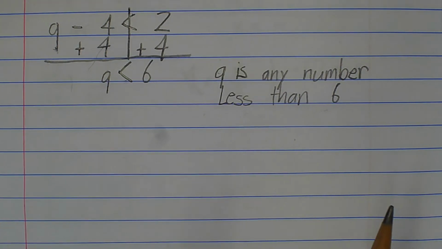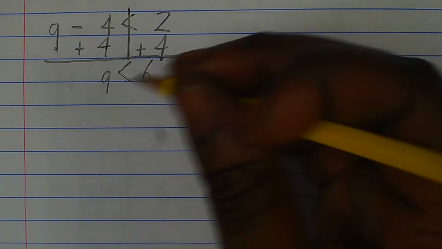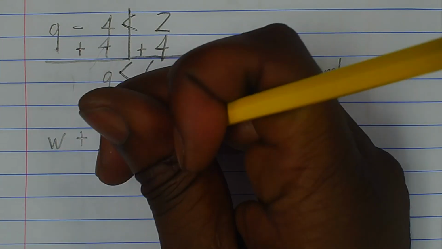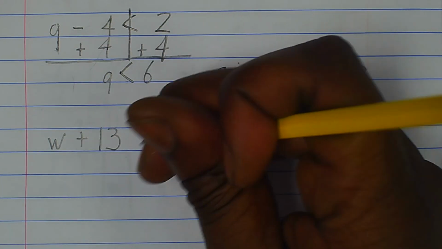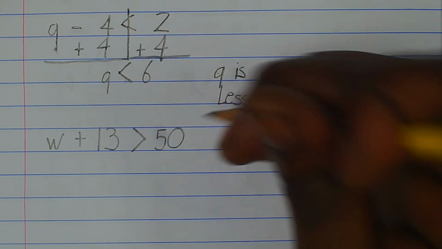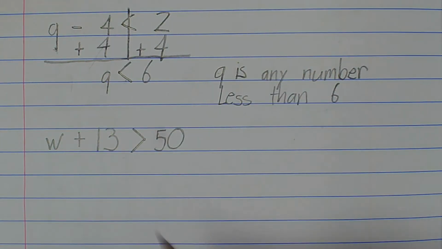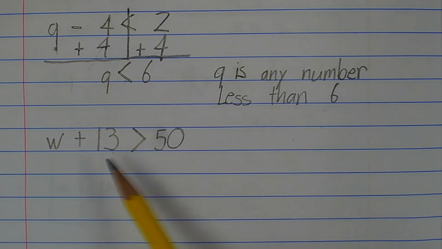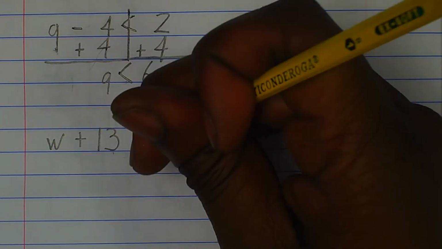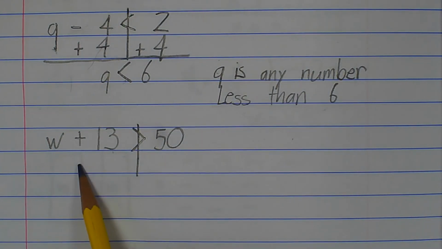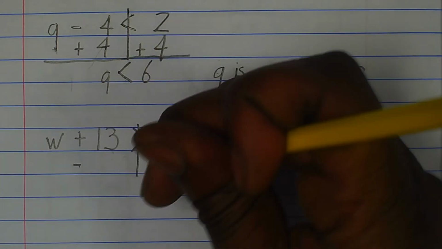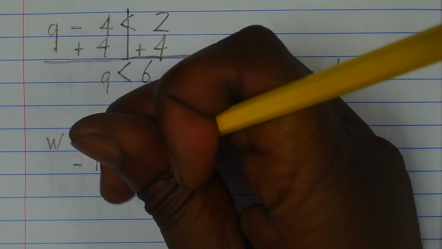Okay. Another example that we're going to see is the following. W plus 13 is greater than 50. Of course, we split the inequality down the symbol. We're adding 13 to the variable, so on both sides we have to subtract 13 from both sides.